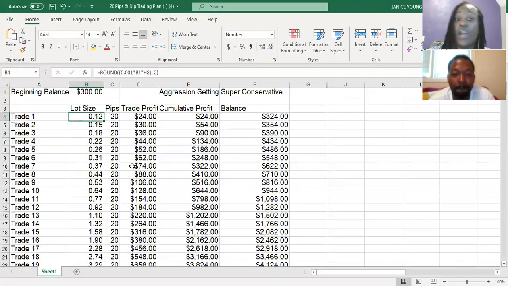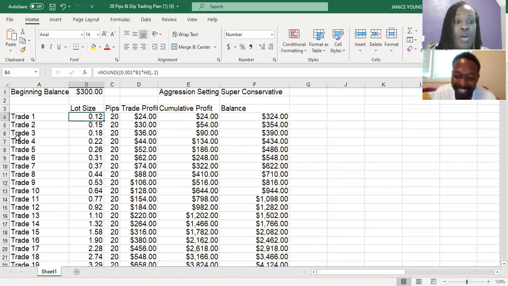Now there are going to be times where you're going to get more than 20 pips. So what happens is, let's say on this one you got 324 because you made your $24. The next trade, you got 60 pips, right? So let's say now your balance is 434.